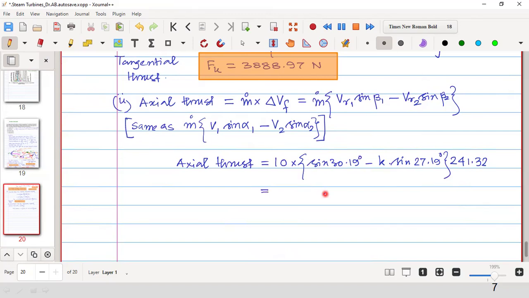That is basically 10 multiplied by... okay, you calculate, put the value of K equal to 0.84 and calculate it. It is coming to be 287.28 newtons. So axial thrust.